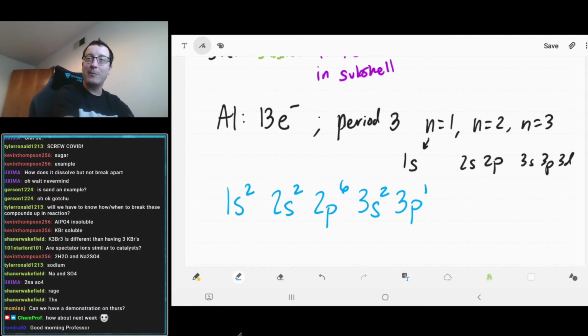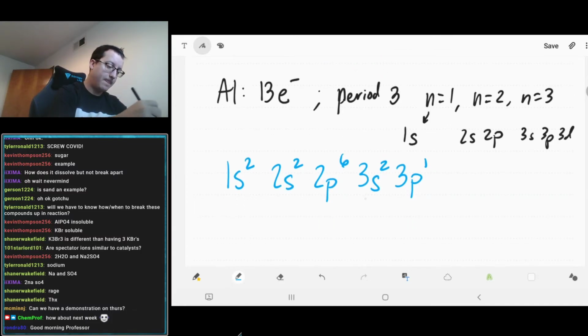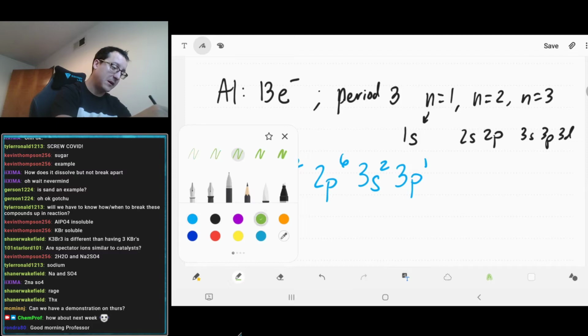And we're going to be able to describe these electrons later. Actually, we can describe them now.